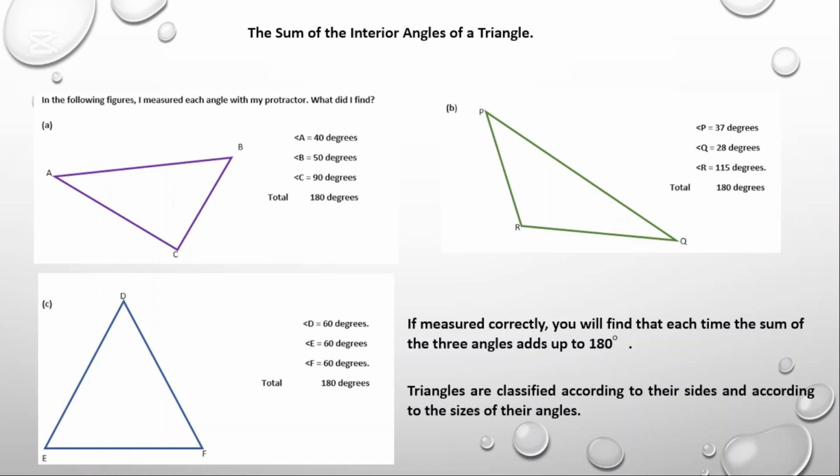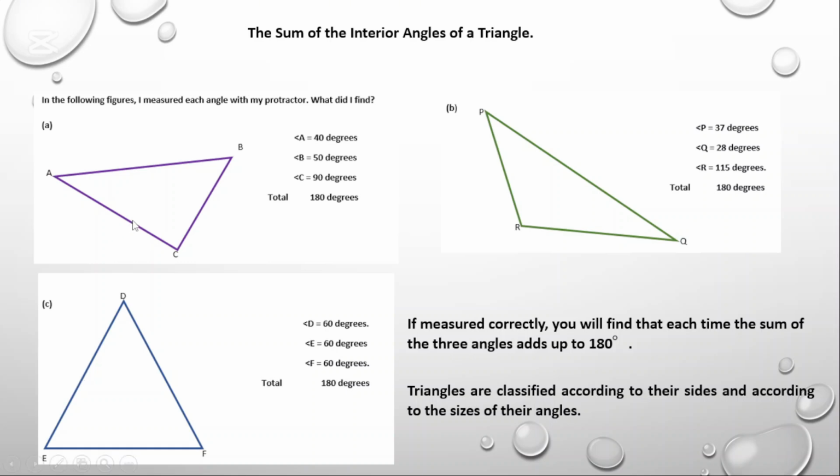Now we can also give names to our triangles according to their sides and according to the sizes of the angles. Now I classified these three according to the sizes of the angles.